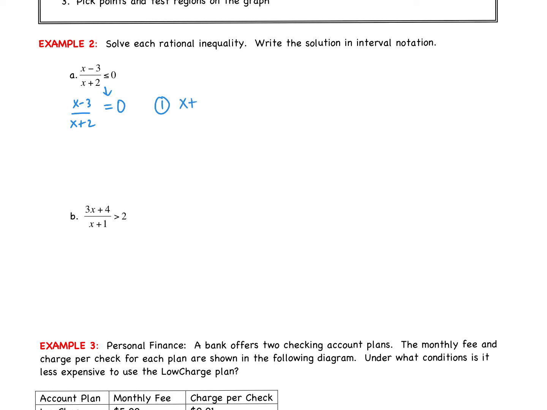So we talked about the denominator can never be 0, which tells us x cannot be negative 2. Then you are going to solve. So I think it's easiest if you take that 0 and do 0 over 1, and then you can cross multiply. So when you do that, you get x minus 3 equals 0 times x plus 2 is just 0, which gives us x equals 3.